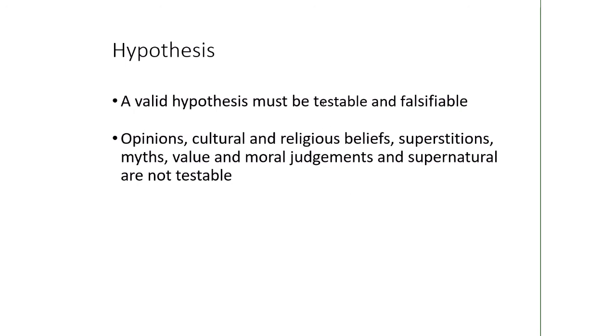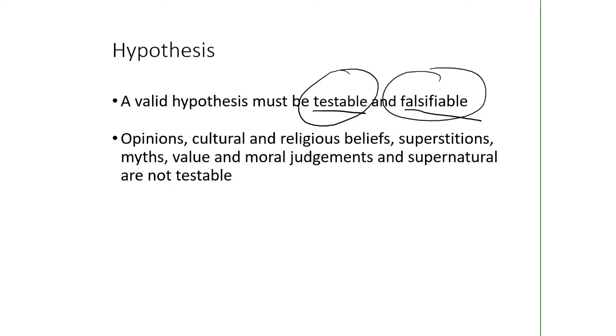A valid hypothesis must be testable, and it must be falsifiable. So that means you must be able to run some kind of experiment to test the hypothesis, and it must be potentially wrong.